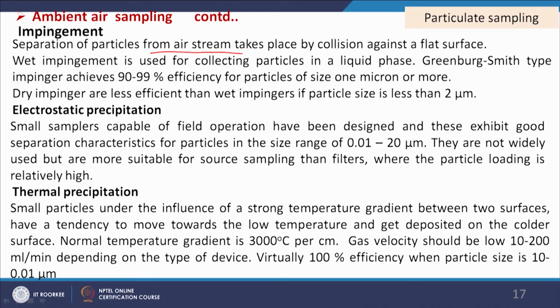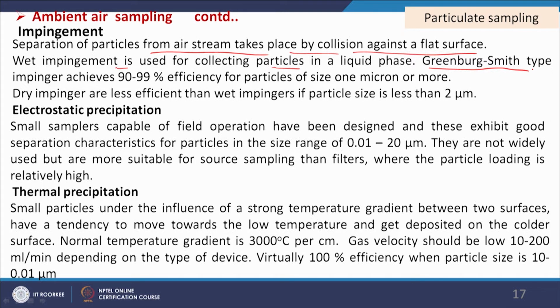Now, impingement. So, what is this? Separation of particles from the air stream takes place by collision against a flat surface. So, wet impingement is used for collecting particles in a liquid phase, and one example is the Greenberg-Smith type, which we have just seen in the previous slides.